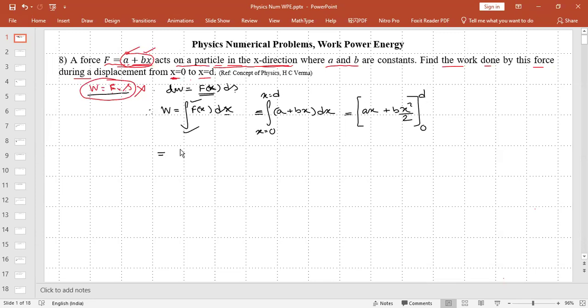So this is equal to a into d plus b d squared by 2. The minus terms are 0 because here x equal to 0. So this is equal to, if you take d common, (a plus b by 2) whole multiplied by d. This is a very simple question, but just the concept of integration has to be used here.